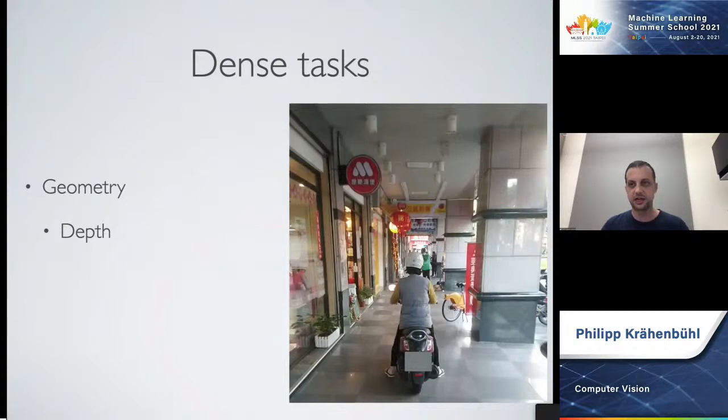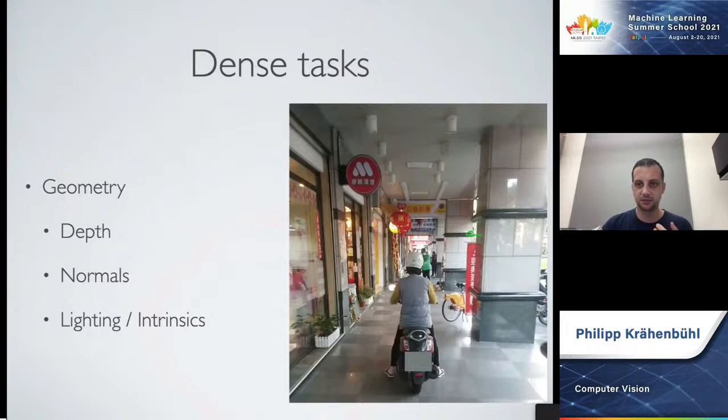You can also figure out the local geometry by looking at the normal direction, the direction that's orthogonal to the surface at every single point. Once you have these two clues, you could even infer the lighting condition at every single point in the scene, and separate the surface color from the color caused by lighting. This is called intrinsic image decomposition.